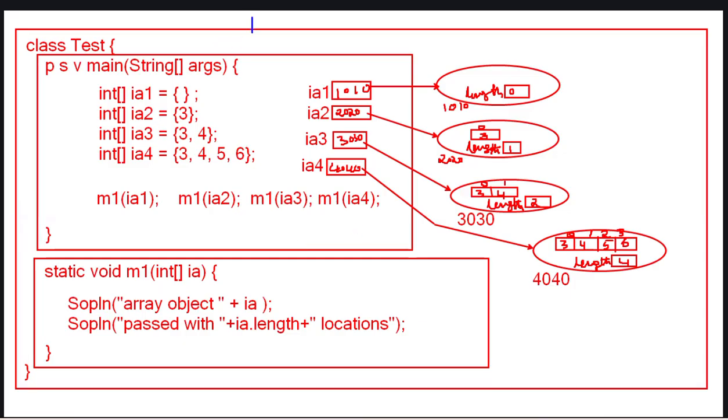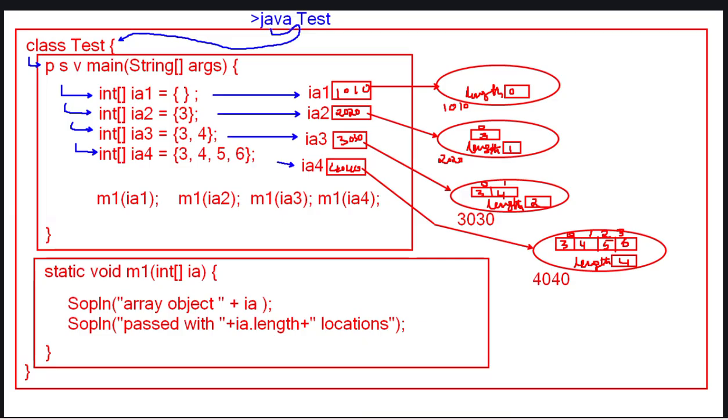Execution flow. The JVM comes to the Test class, then goes to the main method, then to the first statement: array object created. Second statement, second array. Third statement, third array. Fourth statement, fourth array. Now the fifth statement, M1 of IA1, means the IA1 value is passed into the M1 method.